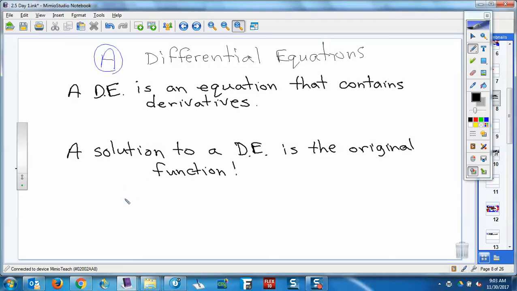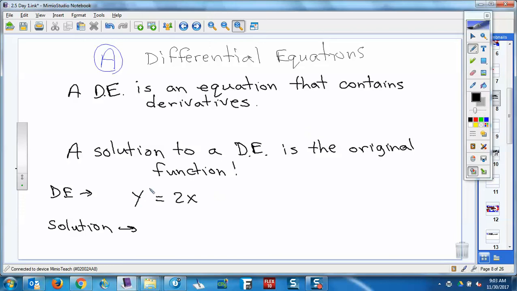So, for example, if f prime of x equals 2x is your differential equation, our solution would be f of x. I'm going to erase it. I'm not going to use f prime, because in differential equations we hardly ever use function notation.